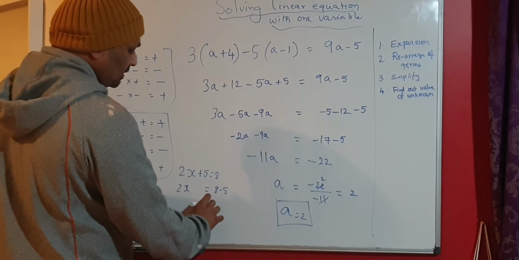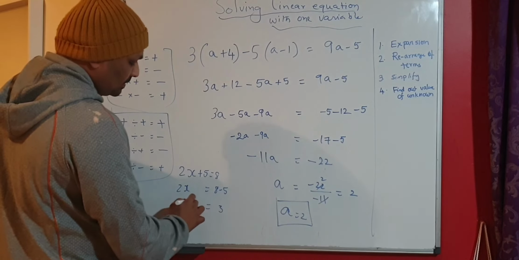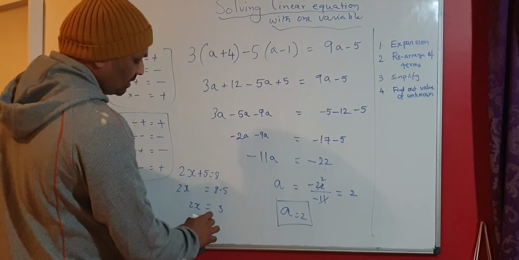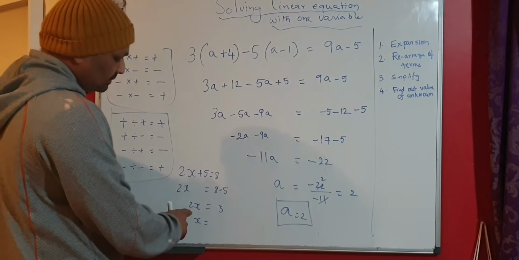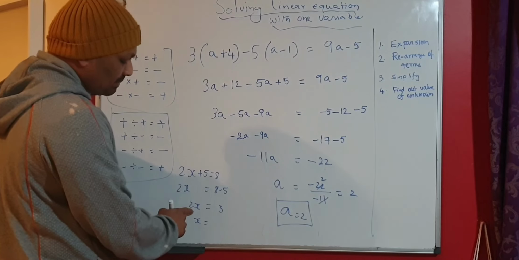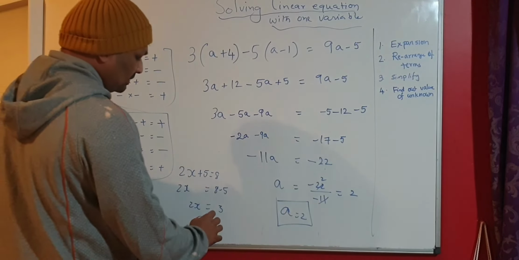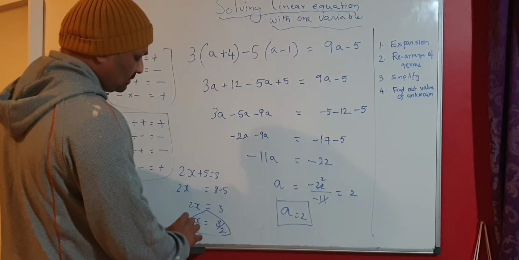When I simplify, 8 minus 5 is 3, so 2x equals 3. Finally, find the value of the unknown by taking the number that is multiplying the unknown quantity to the other side. x is equal to 3 divided by 2.